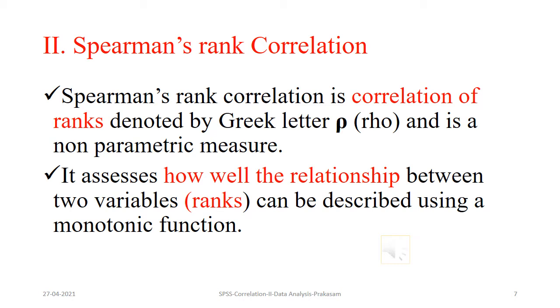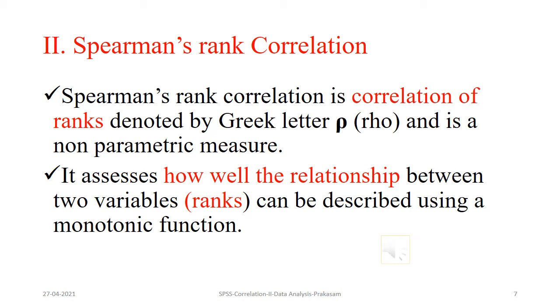Another procedure of calculation of correlation is the Spearman's rank correlation. The name itself suggests that the relation between 2 variables is ranked, that is the procedure here. Let us see what the definition is and how to calculate the rank data.